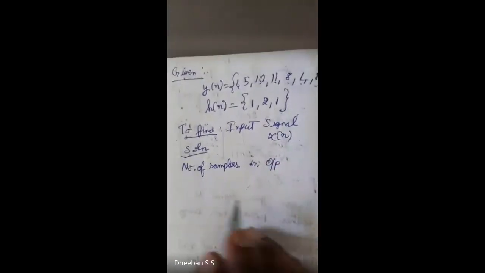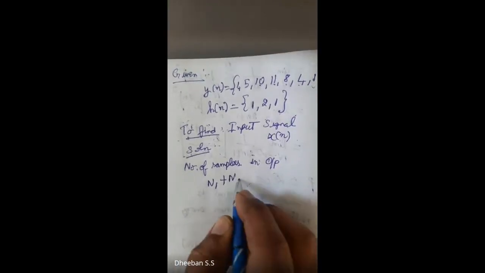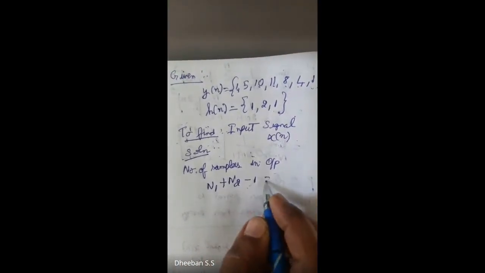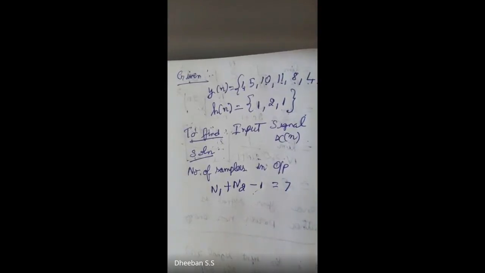So here the formula is n1 plus n2 minus 1 is equal to 7.